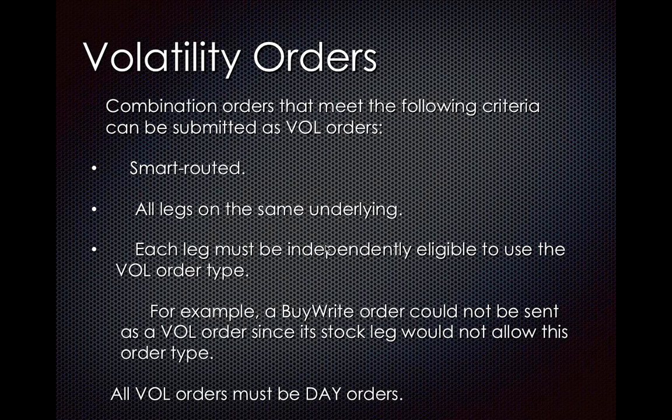You need to know that this type of order can work only with certain conditions, and these conditions are smart routing, meaning that you have to use the technology of smart routing with IB, and all legs must be on the same underlying, so you cannot have Rio Tinto and BHP paired together for some reason, doing arbitrage and trying to do volatility, not with Trader Workstation at least.